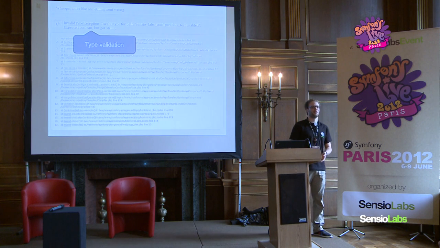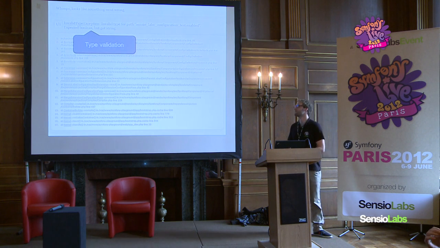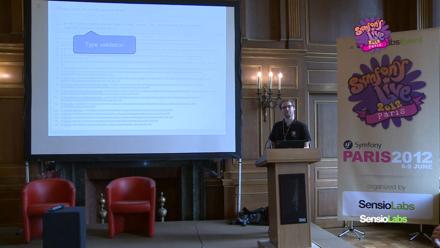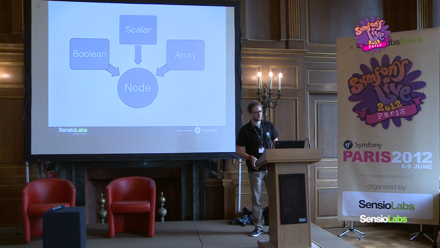The thing is, if you pass it like this, you're going to get an exception telling you, ooh, this had to be a Boolean, and you passed the string, my friend. So you're going to get a nice exception for this. So validation is based on the types for this. For Boolean types, that's awesome.